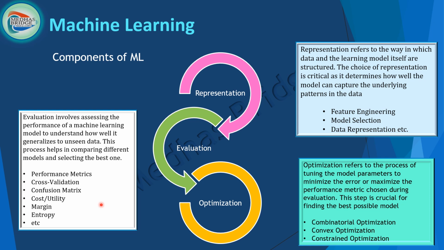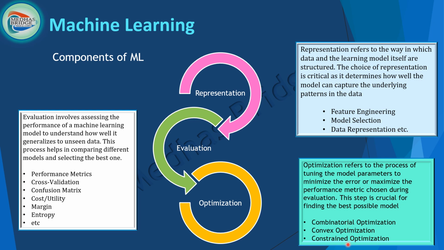The final component is optimization. Optimization refers to the process of tuning the model parameters to minimize the error or maximize the performance metrics chosen during the evaluation. This step is crucial for finding the best possible model.